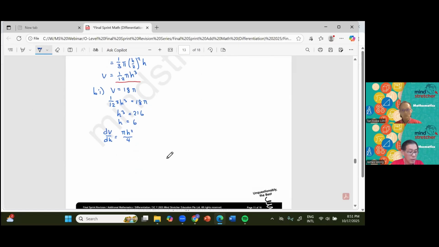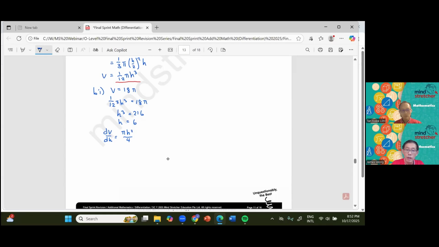Okay, now let me do the next part. Now, since I know my dV dH, I will be able to also know the value of my dV dH. Because I found that when the volume is 18 pi, I know that my H is actually 6.